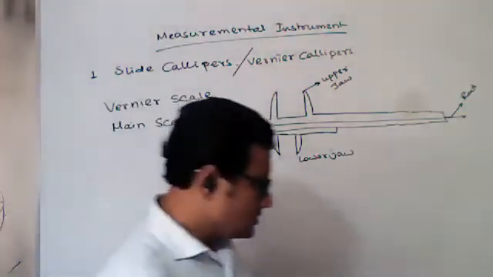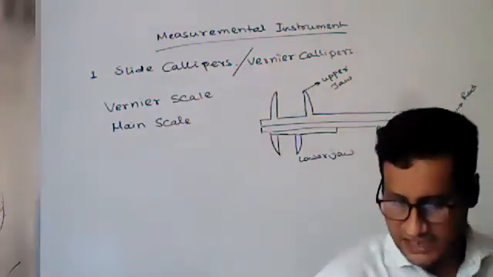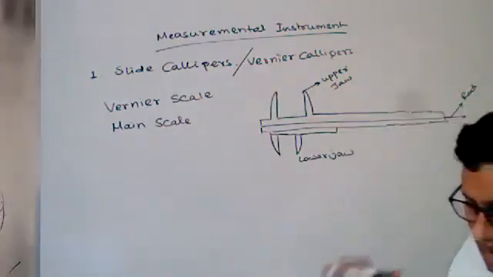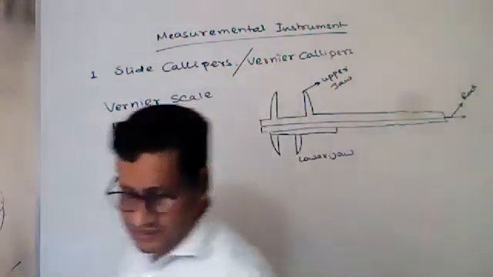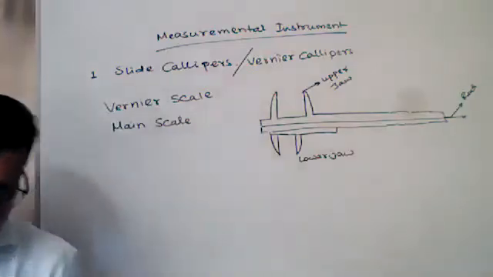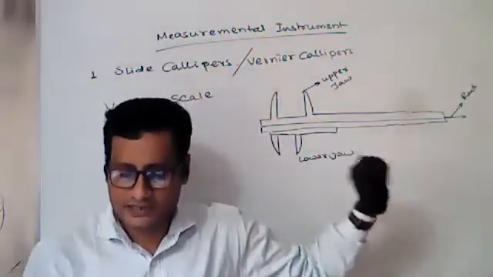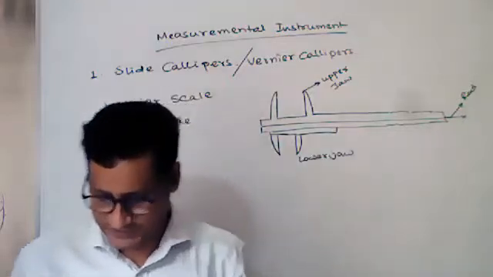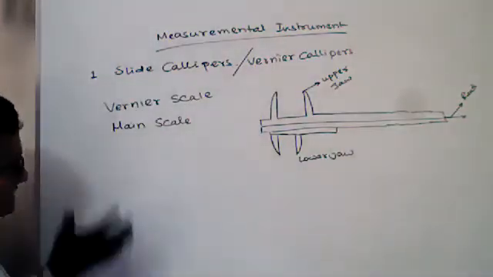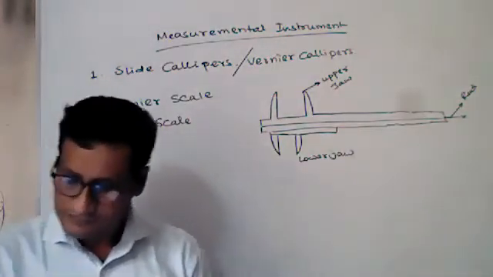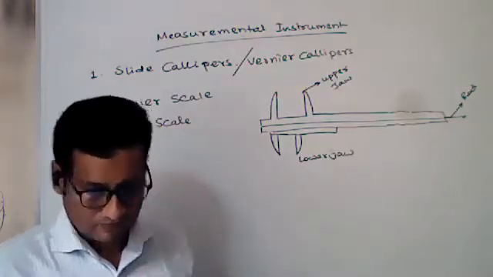By the lower jaw, we can determine the outer radius or outer diameter of an object. And by using the rod, we can determine the depth of any object. So this is the function of slide calipers.